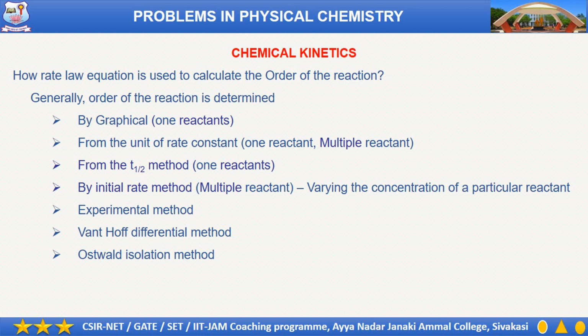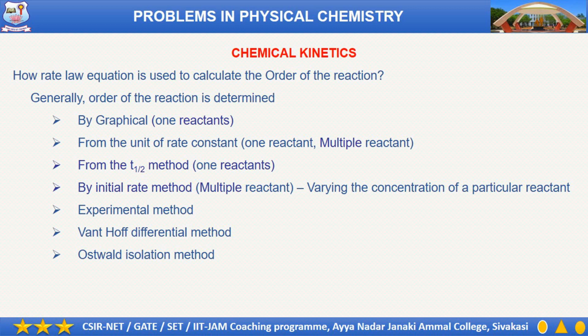For such cases, the initial rate method is applied. The initial rate method, what is the basic principle? Keep the concentration of the other two reactants the same, vary the concentration of A and find the order of the reaction with respect to A.